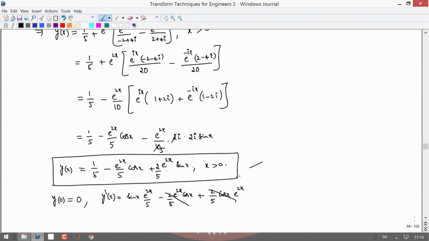And then if you differentiate this part, you have 4 by 5 e power 2 x sin x. Now, if you substitute y dash of 0 here, this term is 0 because of sin x, that is 0. So, y of 0 is 0 and y dash of 0 is also 0. So, these two are verified.